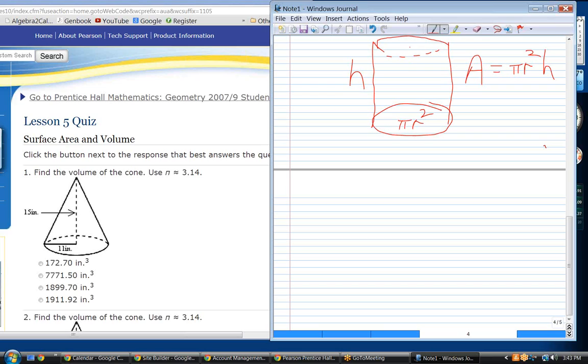Okay, now when we have a cone, we basically are shaving off a bunch of this material that would have been there. How much do you suppose we're shaving off? Half? That's what a normal person would say. In actuality, it's 2/3. Notice that if you only shaved off a half, if I took a meat cleaver and cut this candle right there, I would not end up with a cone.